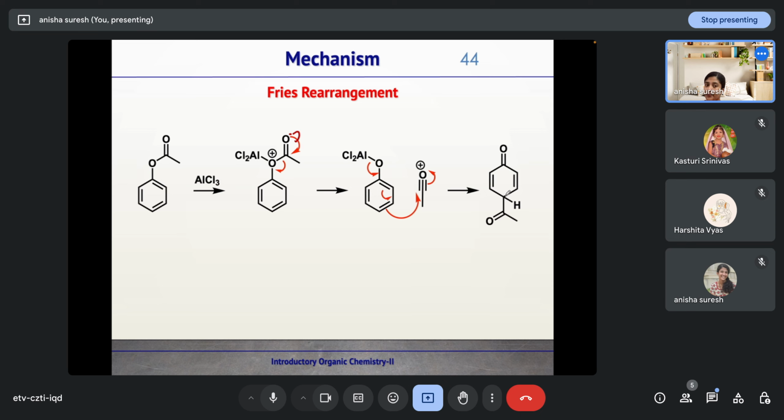Now this proton can get removed, leading to regaining of aromaticity. So this proton will be abstracted, it will shift in this fashion. Then this oxygen will abstract a proton, leading to formation of this para hydroxy compound. Okay.